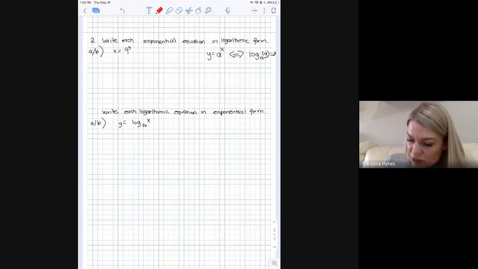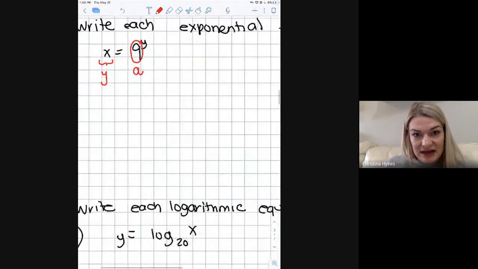So what you want to do is below each of these, the answer should always be what your y is equal to. This number here is your base, and that should be labeled with the letter A. So I'm going to zoom in so you guys can see that.